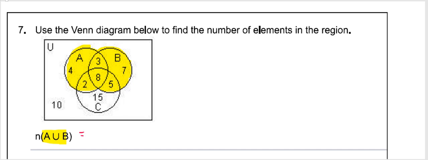So how many elements will that be? That'll be 4 plus 2 plus 8 plus 3 plus 5 plus 7. And when you add all those up, you get 29.